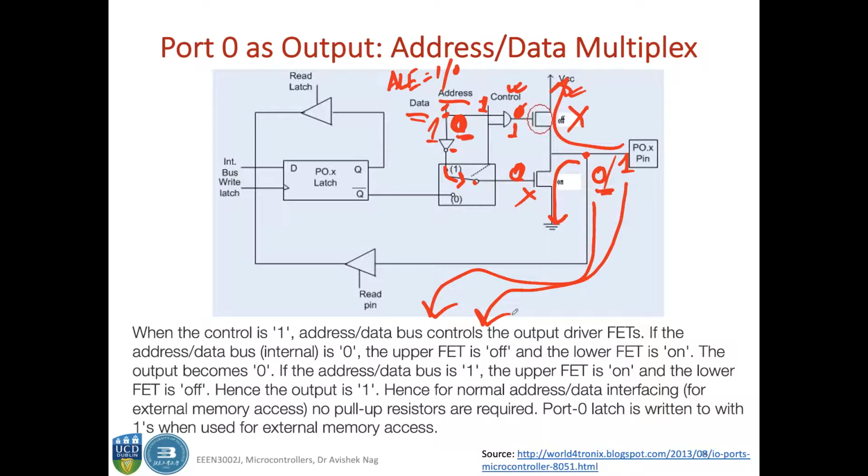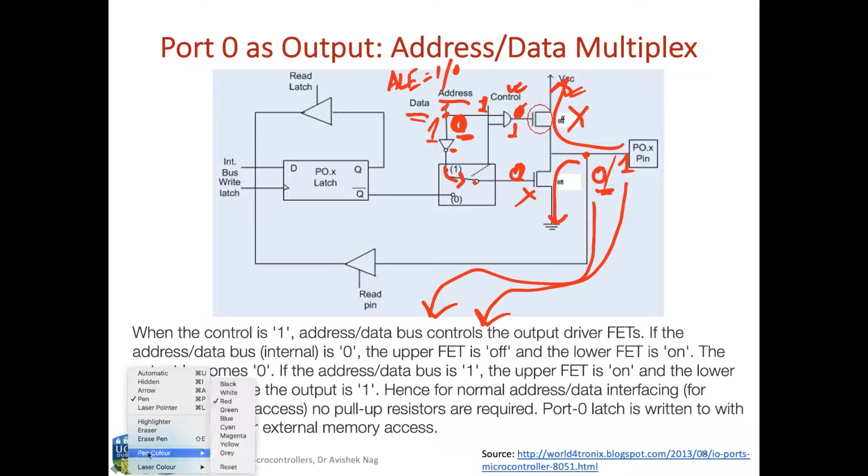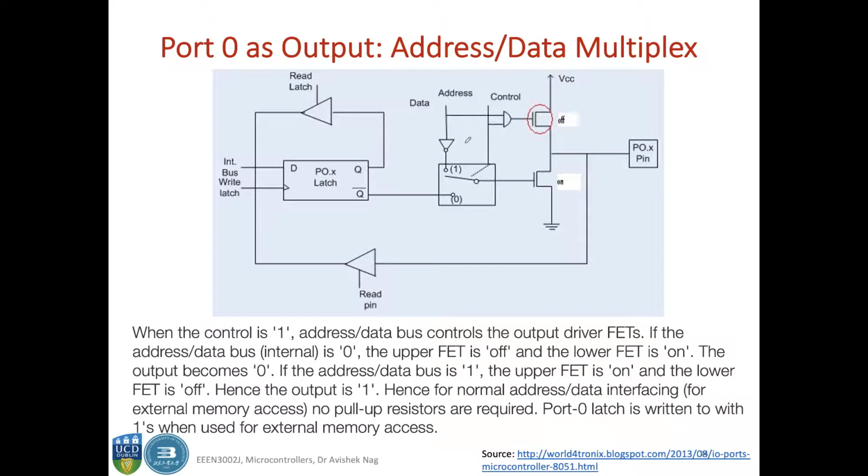So let me explain it once more. Okay, so let's get rid of this. Okay, so let's imagine that my address or data, whatever it is, let's say this is 0. Okay, and the control is 1. Okay, so if that is the case, then the output is 0 here because of this AND operation.